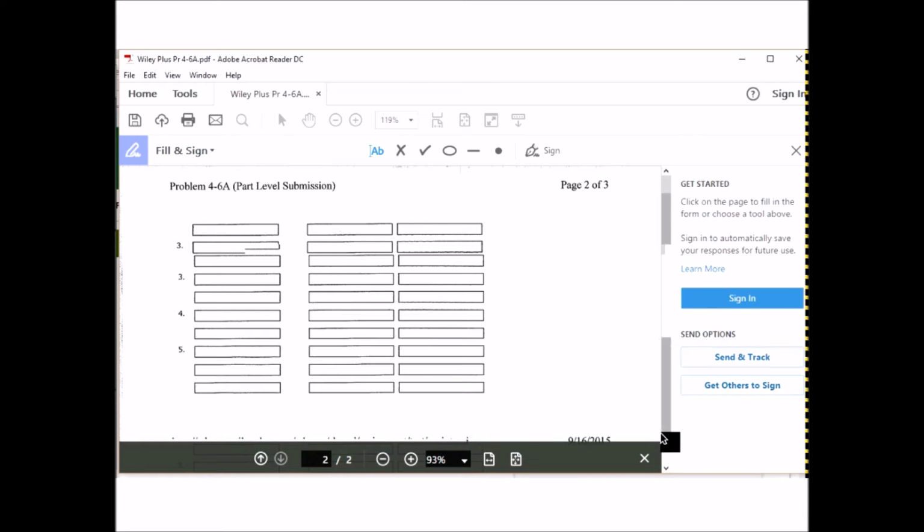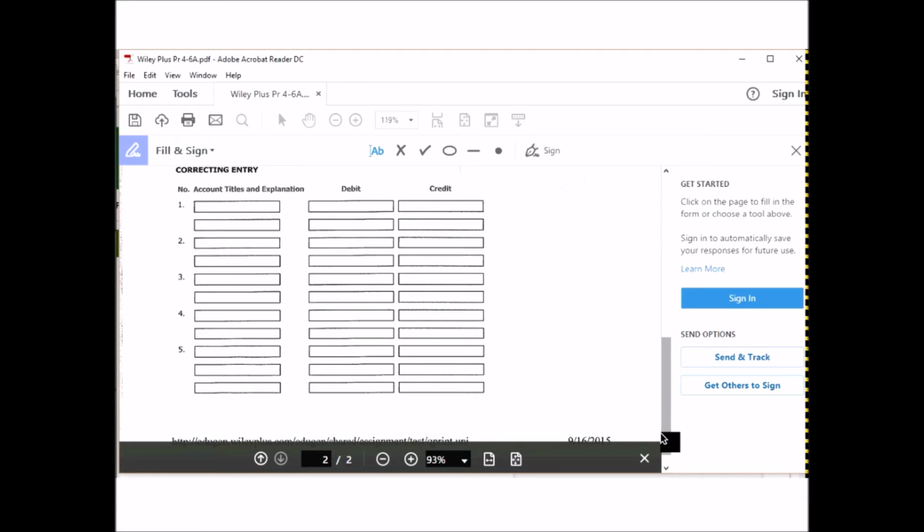Now, for the correcting part, I need to look at that cash T account and show that I have $750 on the plus side, but when I'm all said and done, underneath the total, it should only be $570. So what do I have to do to cash to go from $750 positive to $570 positive? Hopefully you can see from your T account that we need to credit our cash by that difference, which was $180.